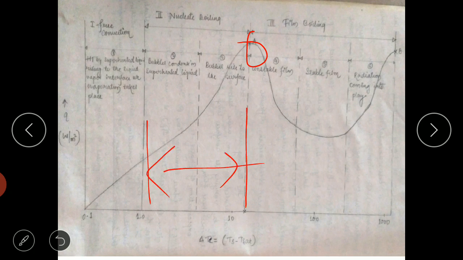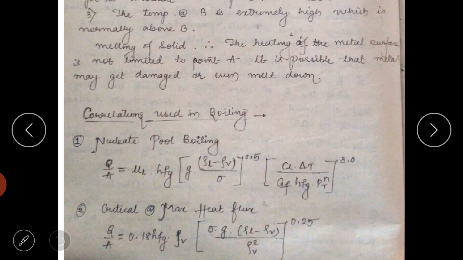The problems we are solving will be in this zone, and even the temperatures may not be exactly like this, it may be more than this. Usually up to 50 degrees Celsius excess temperature delta Te, we take it to be nucleate boiling.